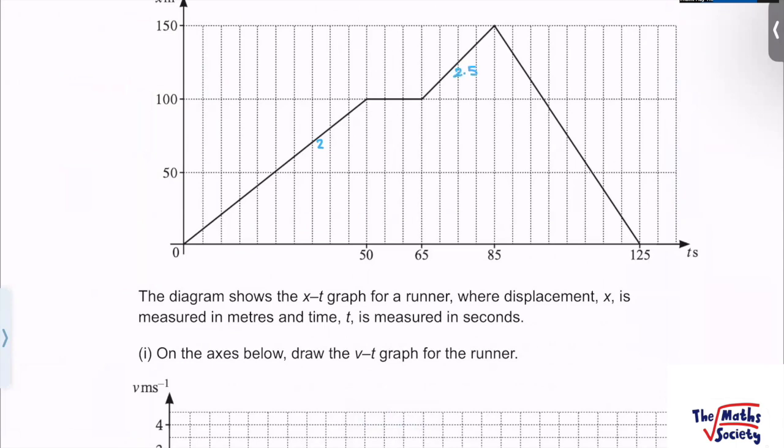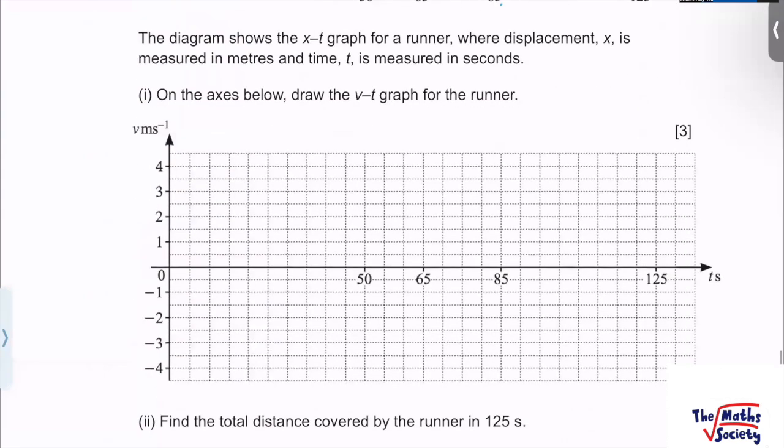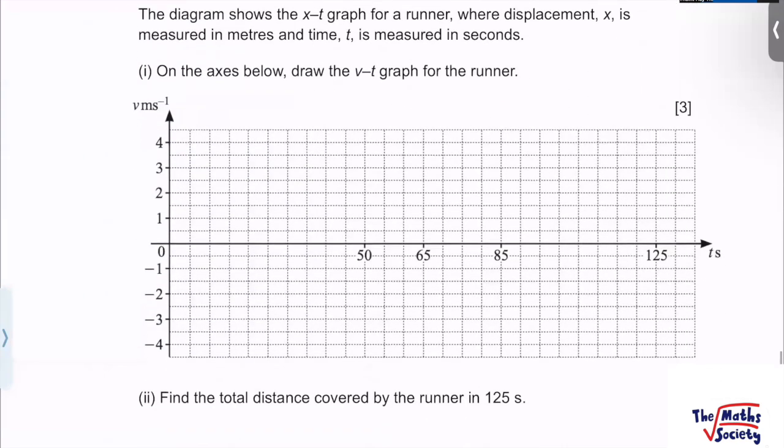So that's going to be 2.5. And this is 150 by 40, so that's going to be deceleration. It's going to be minus 3.6 something. So first of all, 2 here. It's supposed to be a straight line, and it's going to be here until 50.